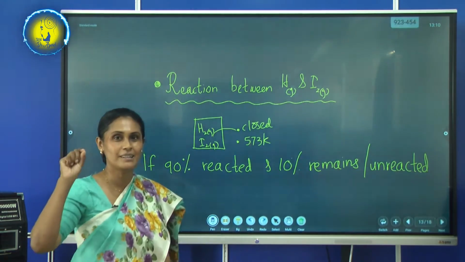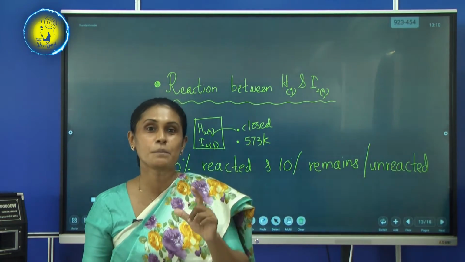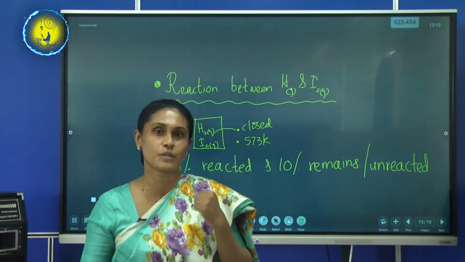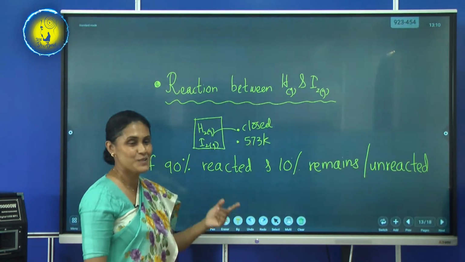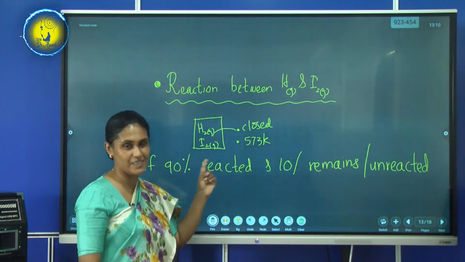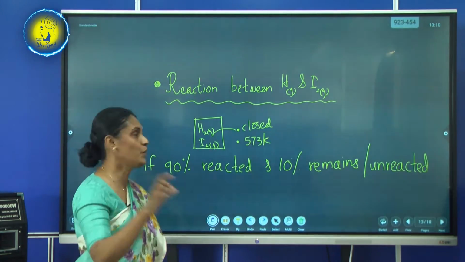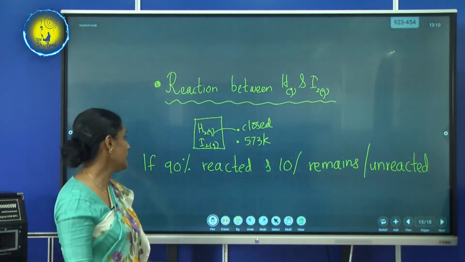I prefer without writing many words. Sometimes a simple diagram gives you more explanation, more things for you to catch up. It's easy to keep the things in your mind. That's why I drew this. So you have to understand by seeing this square. It's a closed container and you need the temperature 573 Kelvin, right?